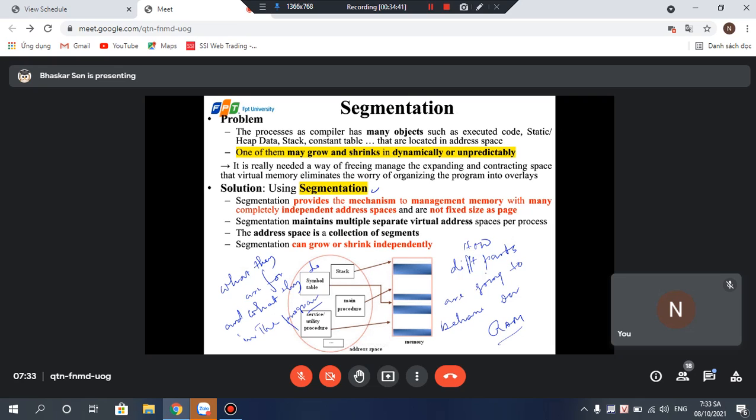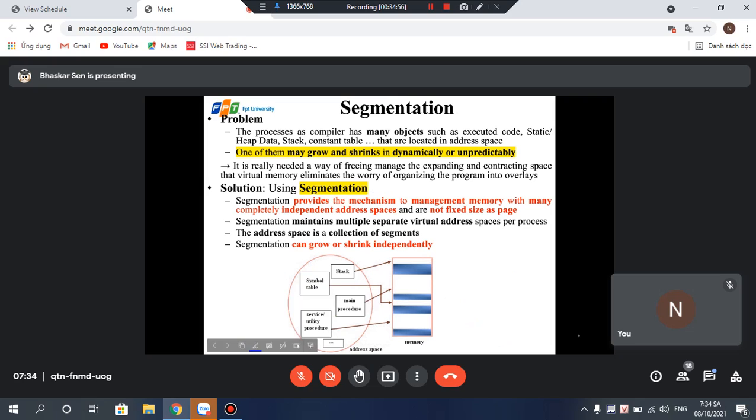Once we do the logical segmentation, then definitely there is a benefit. Let's take a quick look at the benefits. Previously this was your program and you had one single linear address space.